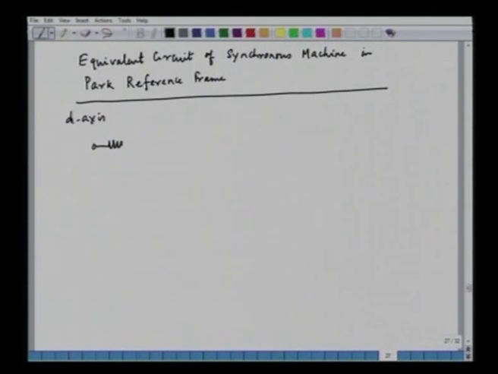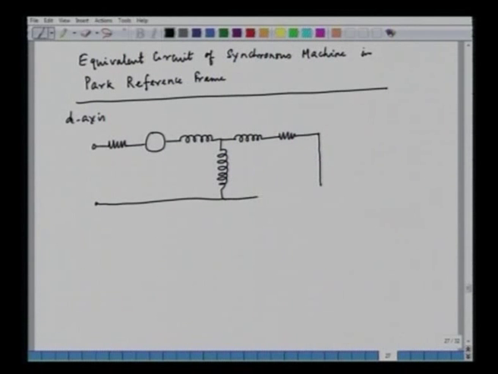So, we have the resistance here, and then we have the rotationally induced EMF, the stator leakage, the magnetizing inductance, and then we have the damper winding, and the damper winding is usually short circuited. We have the field winding, the field leakage inductance, the resistance, and we have the field applied voltage.